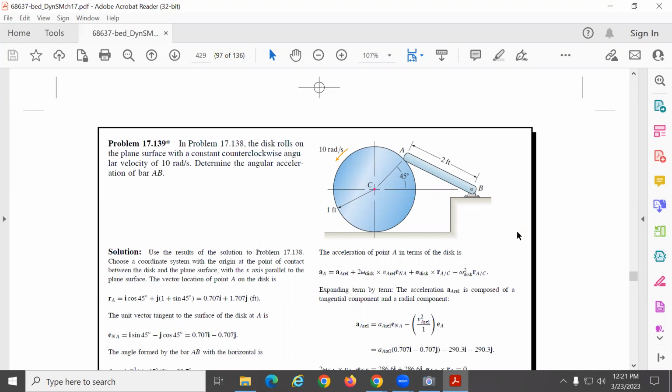It is 1 cosine 45, 1 sine 45, correct? This will be the magnitude, and this will be the direction, no? Yep, okay.